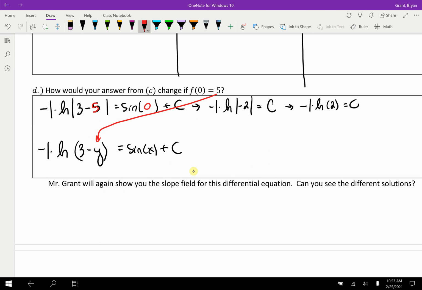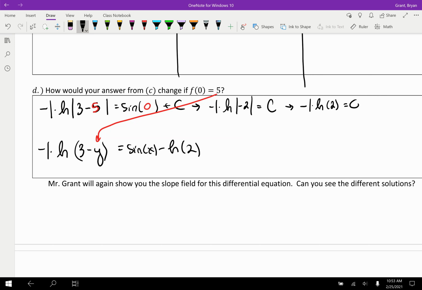If you substitute 5 in here, what happens? Well, 3 minus 5 is negative 2, and we couldn't do a natural log. And so this whole equation would break, and I apologize, my c value should be that negative ln of 2. And so this would break, but the equation doesn't break. The initial condition worked. So 3 minus 5 is negative 2.